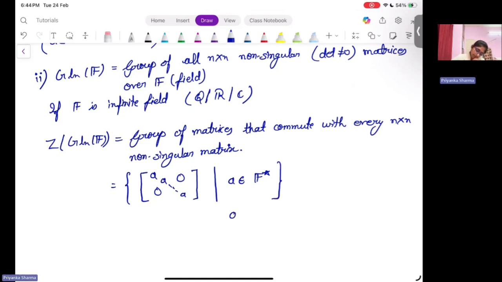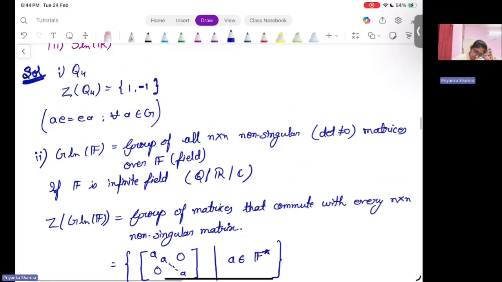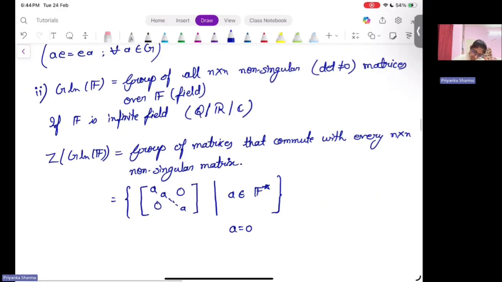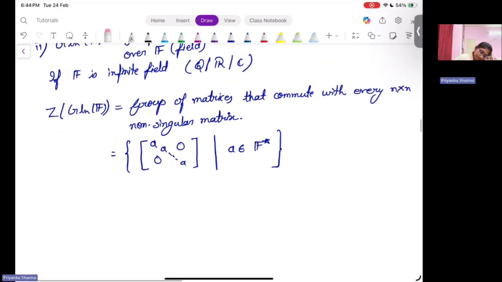See, A equals 0 would commute, but that is not a part of GLN F itself. So that's why. Or this can be written as A I_n, where A belongs to F star.